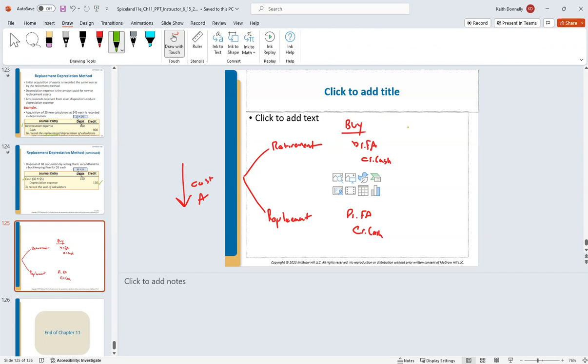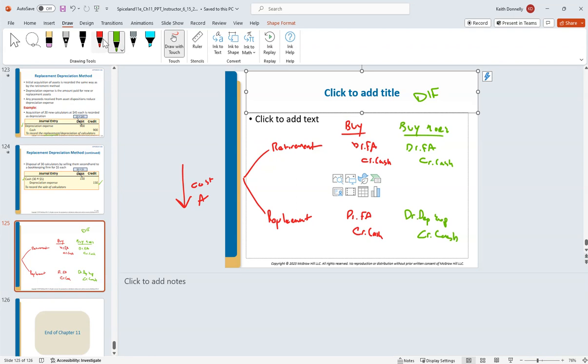Then we buy more calculators, which essentially account for the old ones that aren't good anymore. Over here, we do debit fixed asset, the calculator, credit cash. We repeat what we did, but down here it's going to be different. We're going to do debit depreciation expense, credit cash. So here they're different. Over here, they're the same.